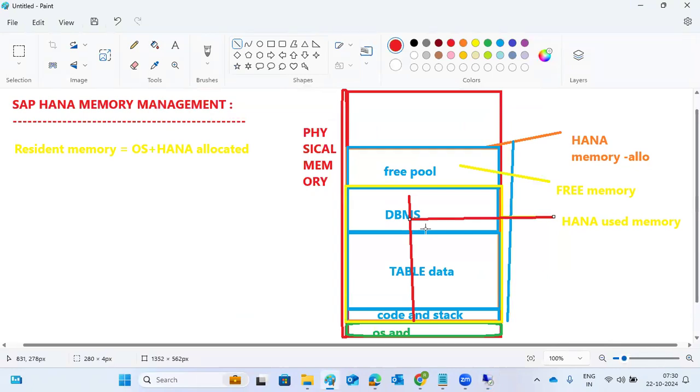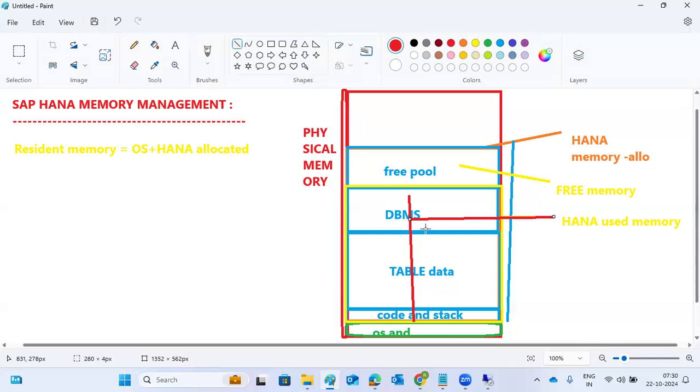Why? Because the total amount of memory used by HANA is referred to as HANA used memory. It includes the program stack, all the data, system tables, and memory required for temporary computations. HANA preserves memory made up of pools, used memory and resident memory. In HANA we have a number of processes running at the Linux level: index server, name server, and OS processes.